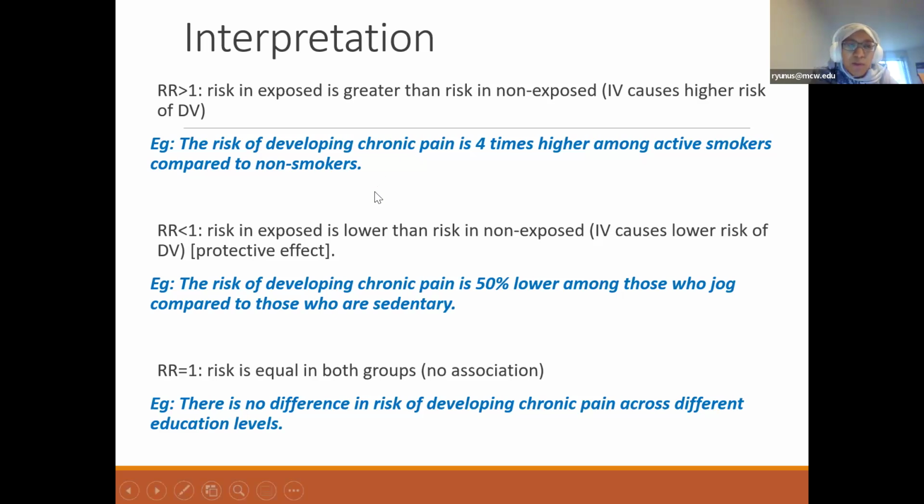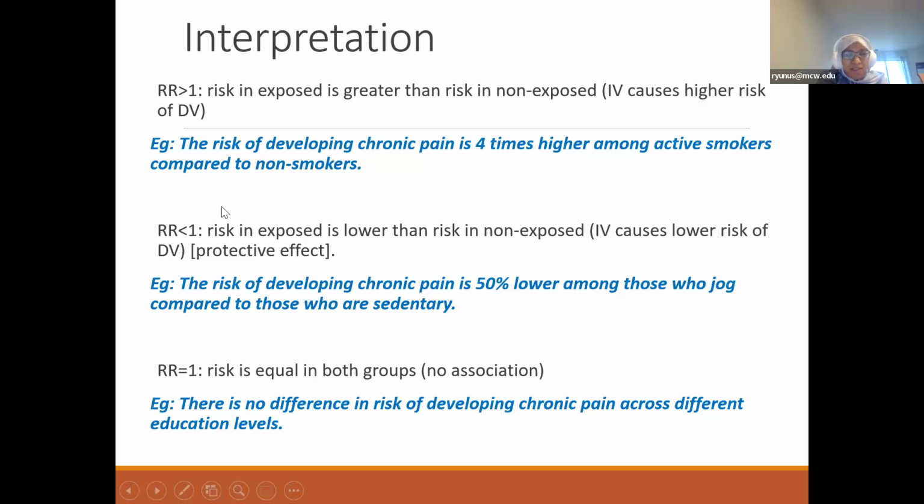So here you can safely use the word risk because you're using a cohort design, and your calculation is to get a measure of association called relative risk. I warned you earlier that if you employ a cross-sectional or case control design, you will use more of the word association or correlation, and we try to avoid using the word risk.